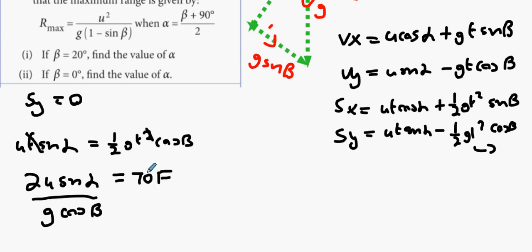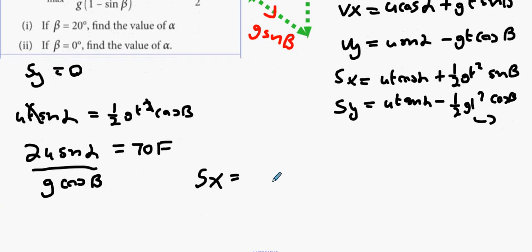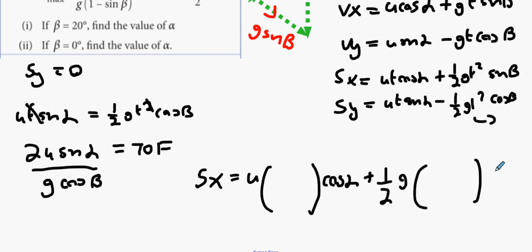I'm now going to lob the time of flight into the Sx formula. It's going to make something fairly hefty that we won't like. So it's going to be u, there's the t value there, cos alpha there, plus a half g. Now, we're going to have to square the t and then put this on sine beta.